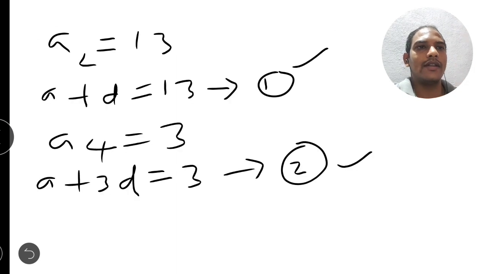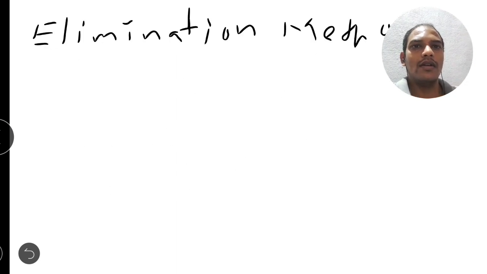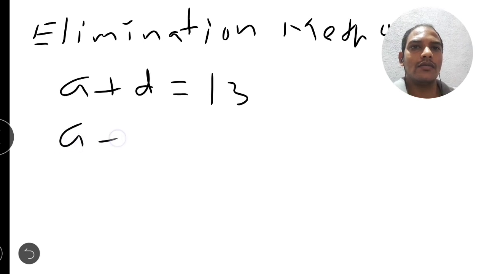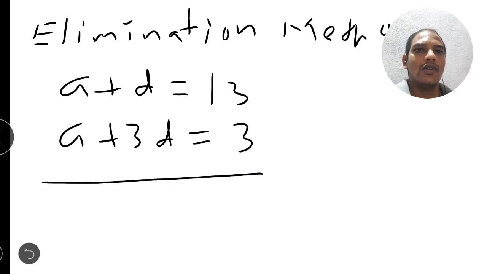First you have to write the equations one by one like this: a plus d equals 13. Next, a plus 3d equals 3. Now change the signs for the second equation.